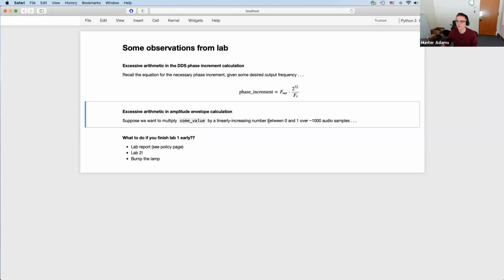The other one that I'm seeing is folks that are starting to work on the amplitude envelope calculation. They're making the correct observation that you can compute that ramp as a function of that variable that you're incrementing in the interrupt service routine to keep track of time, right?